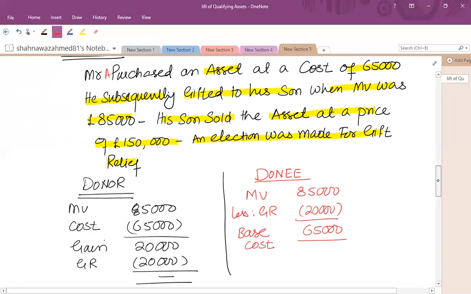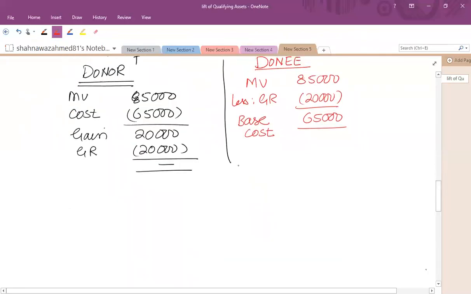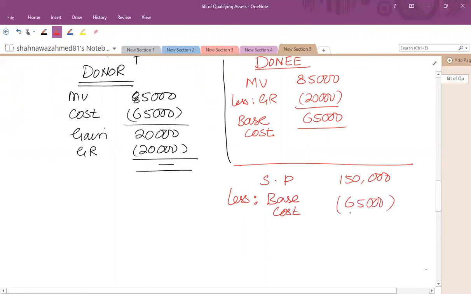Now when the donee sold that asset, the disposal proceeds are 1,50,000, and then deduct the base cost rather than the original cost, and the base cost is 65,000. So 85,000 is the chargeable gain on which the donee has to pay tax at the appropriate rate.